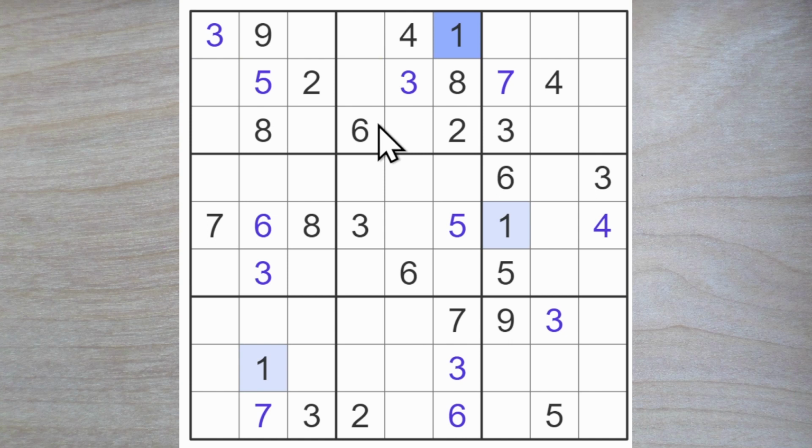We have a 1 and a 6 here, so this must be a 9, which now forces a 9 into one of these two squares. And we are stuck here with a missing 7 and 5. I don't really think there's anything I can do about that just yet. I'll keep it in mind.